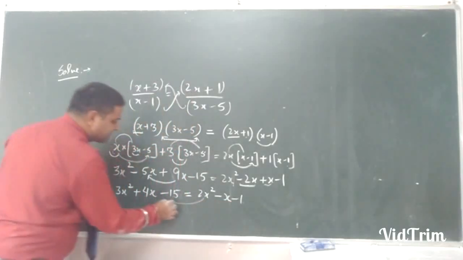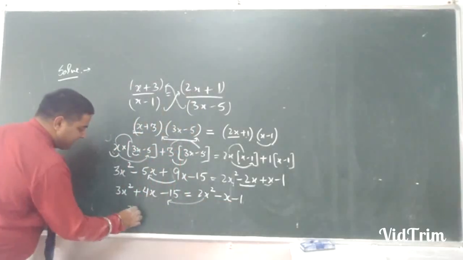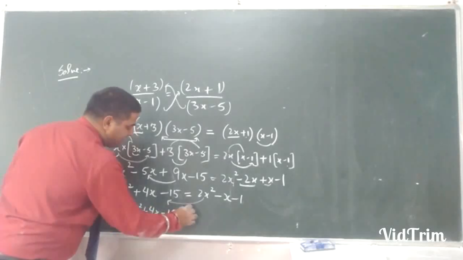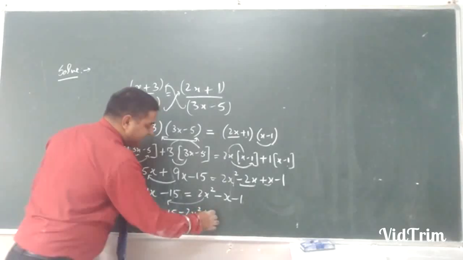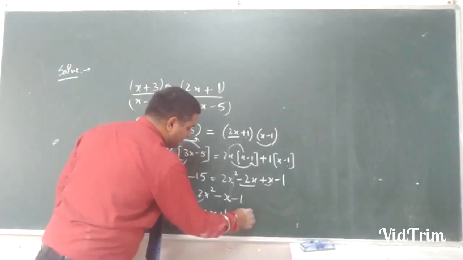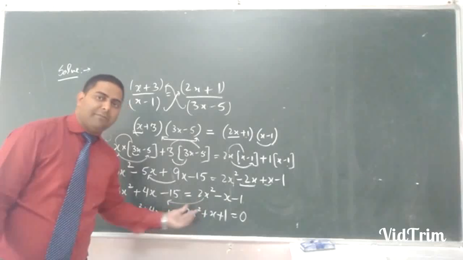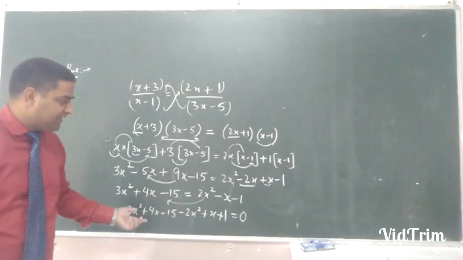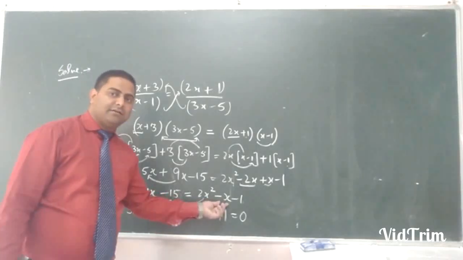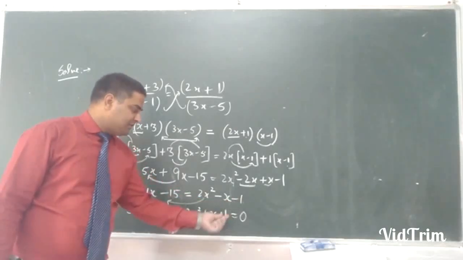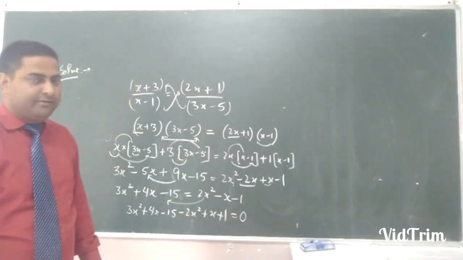Now we bring these terms this side. 3x square plus 4x minus 15 minus 2x square plus x plus 1 equals to 0. 2x square is positive. When we bring this side, changes to minus. Minus x taken this side changes to plus. Minus 1 changes to plus 1.